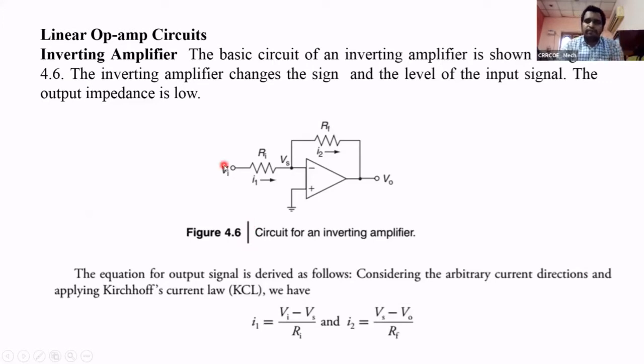Now we see the different types of linear op-amp circuits. I will explain them one by one. We have the inverting amplifier, the non-inverting amplifier, the op-amp for summing, for difference, for differentiation, for integration, the comparator, and the instrumentation op-amp. Also the op-amp used as voltage flow and as current flow.